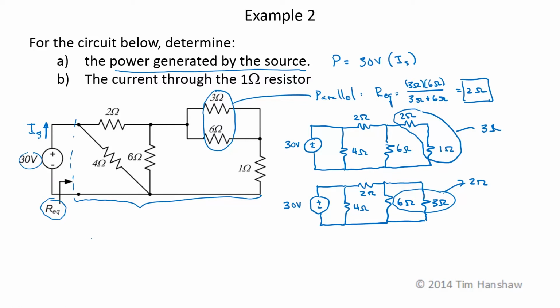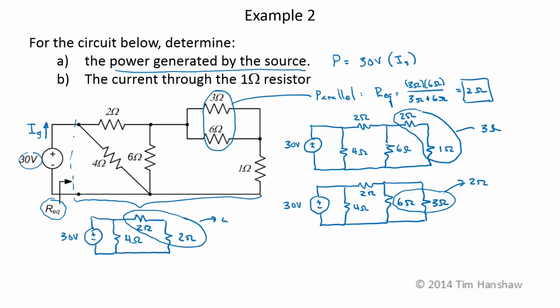My next circuit becomes, these two 2 ohm resistors are in series, that becomes 4 ohms. That 4 ohms is fairly obviously in parallel with that 4 ohms, so the equivalent resistance, Req, is 4 times 4 over 4 plus 4, the product of the two divided by the sum of the two, which is 2 ohms.